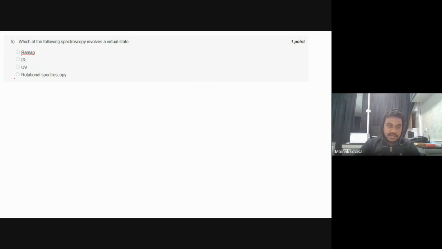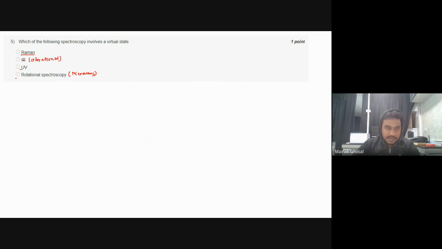You know, for rotational, for UV and for IR, which one is this related to? Rotational spectroscopy is related to microwave radiation. This is vibrational.